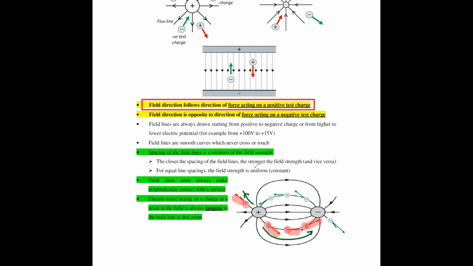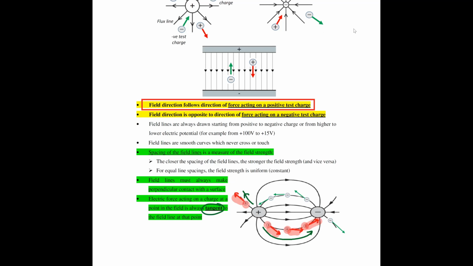And then specifically, for each of the points where you have placed your positive test charge, the force must be tangent to the field line at that point. That's why your arrows are specifically drawn such that they are tangent to the field at the point where you place your positive test charge. That's how you will predict the direction of your electric force.